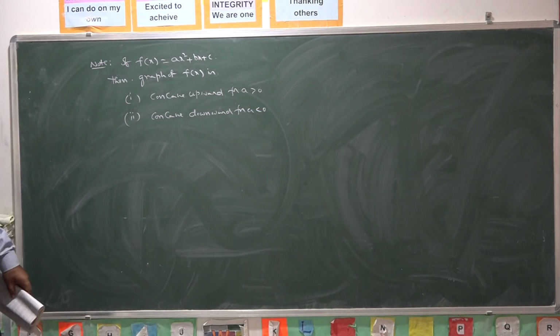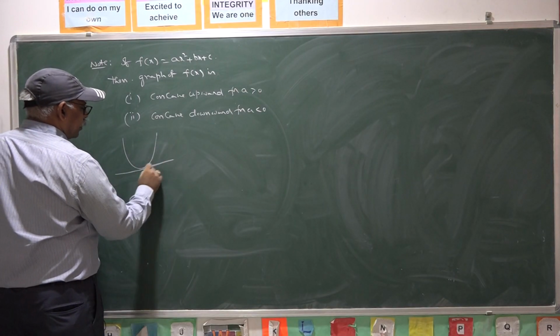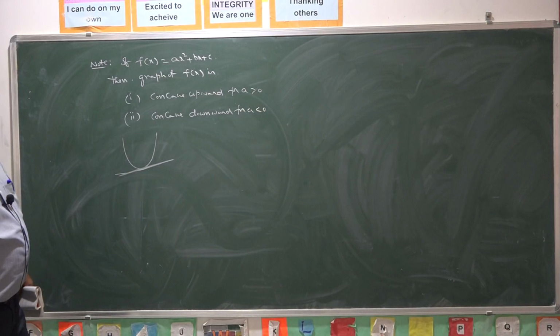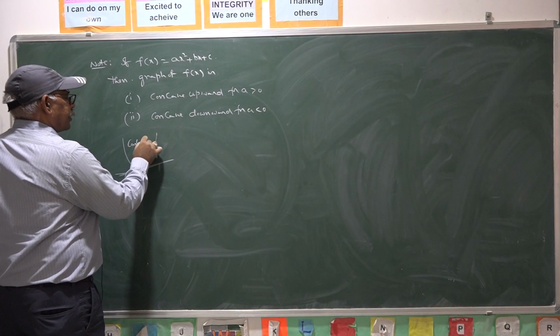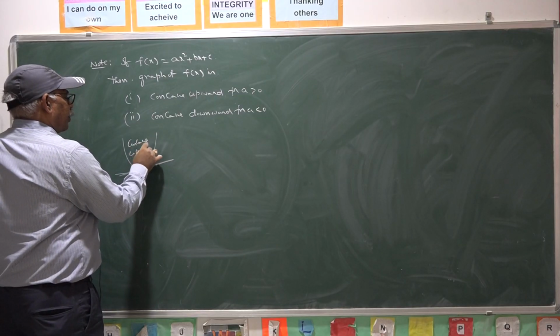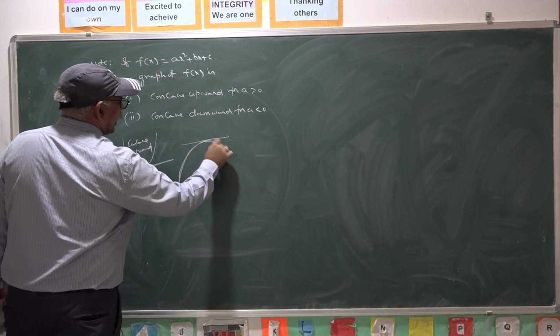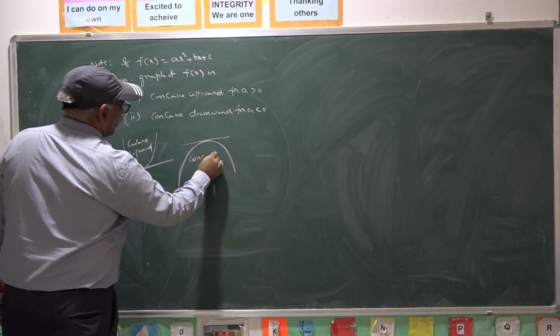Concave upward means the curve is completely above the tangent. Once the curve is completely below the tangent like this, it is concave downward.